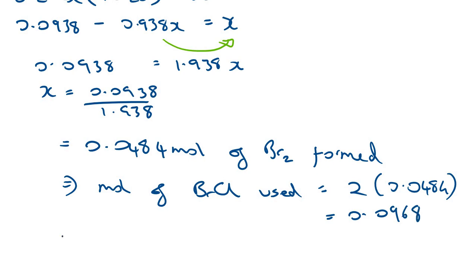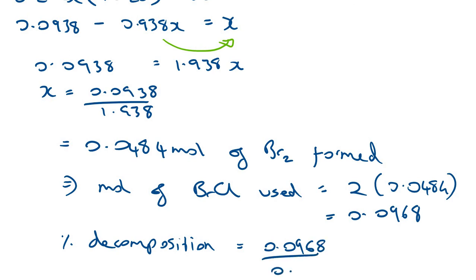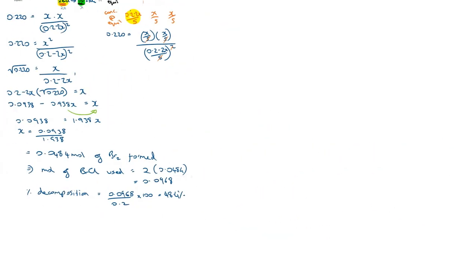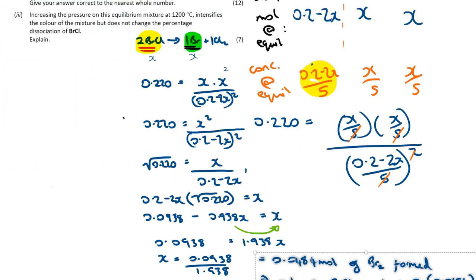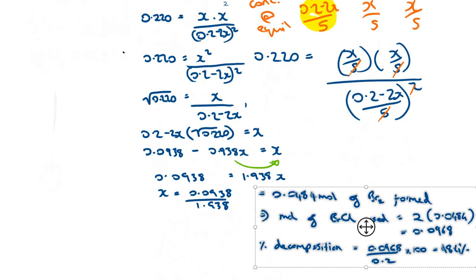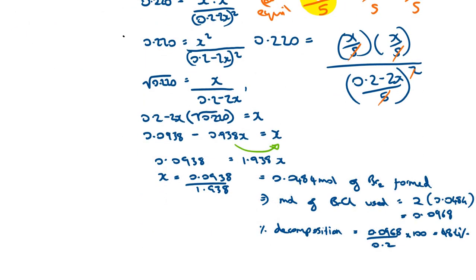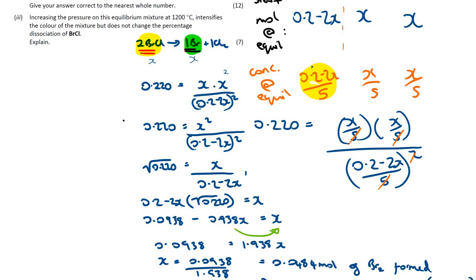So percentage decomposition equals 0.0968 divided by our initial amount, which is 0.2, times 100 for percent, which gives me 48.4% decomposition. So a lot of maths involved in that one. So give your answers to the nearest whole number. We've got to do that. That's 48%.